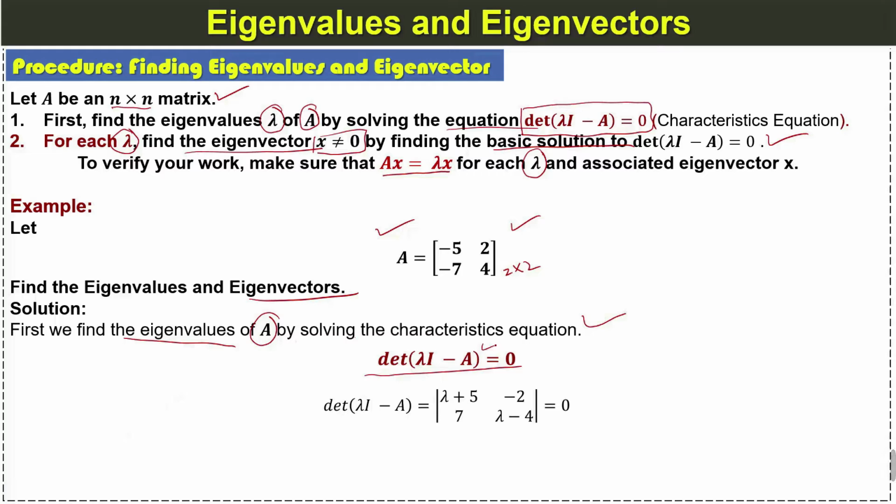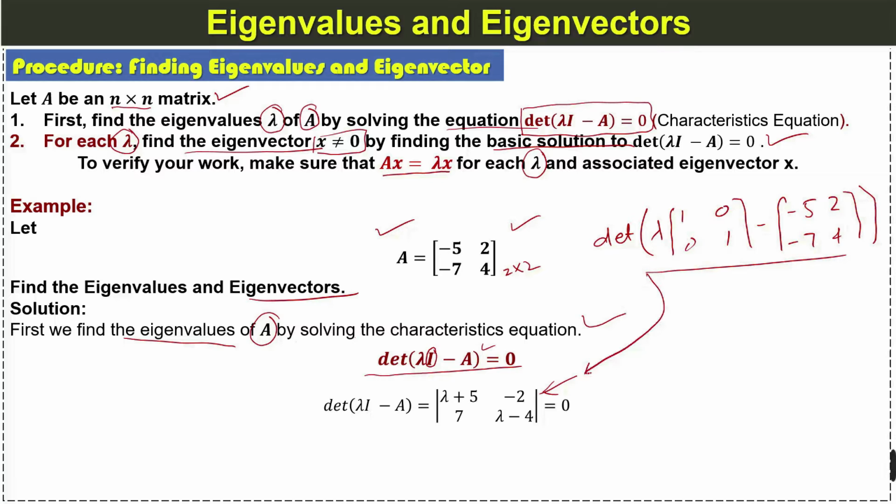The determinant of this is equal to this. How does this come? The determinant of lambda times I, where I is of the same order as the matrix A, 1 0 0 1, minus the matrix A, which is minus 5, minus 7, 2 and 4. After simplifying this, we will get this.